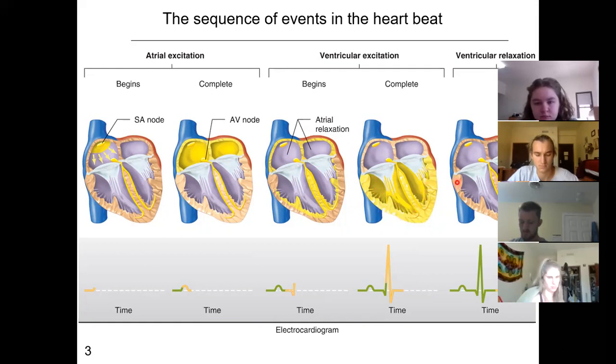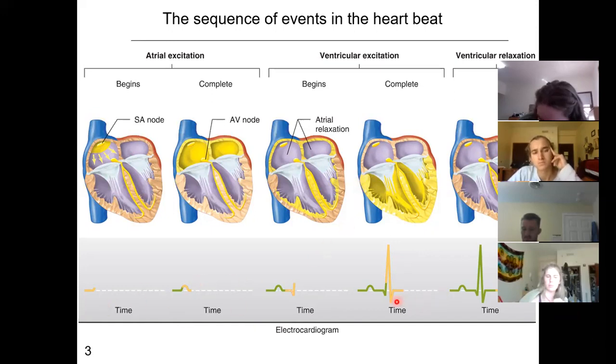And then over here is relaxation. But let's look at the spread of excitation. SA node, atria, AV node, septum, and the rest of the ventricles in that well-organized pattern.